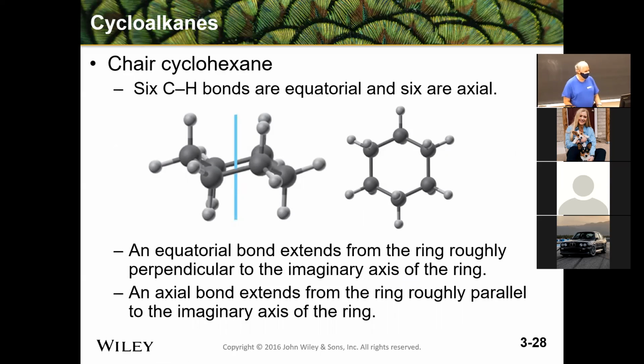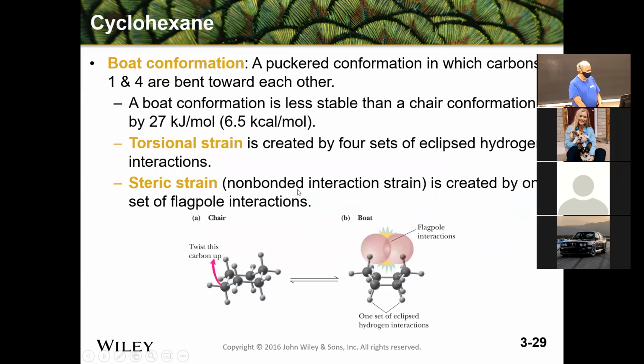In the chair, we have 6 axial and 6 equatorial hydrogens. This is the boat conformation.